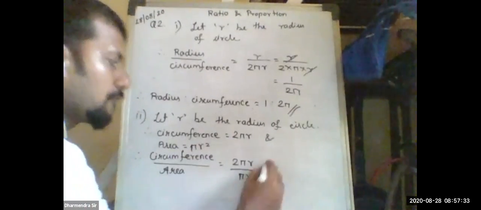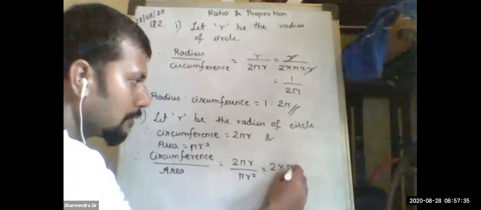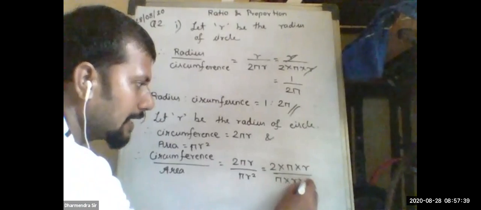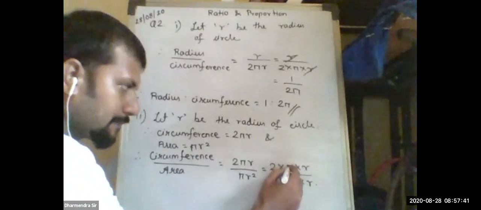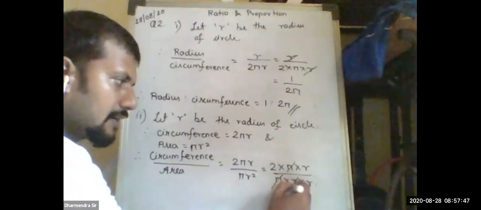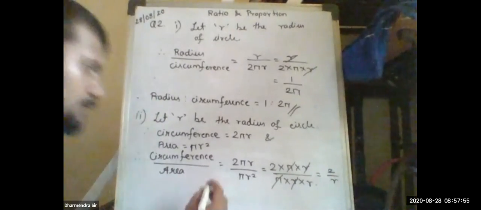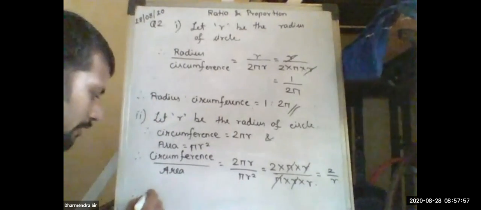Now write in the form of multiplication, 2 into pi into r upon pi into r into r. You can see that the same terms present in numerator and denominator, that is pi gets cancelled, r gets cancelled. What remains? 2 by r.